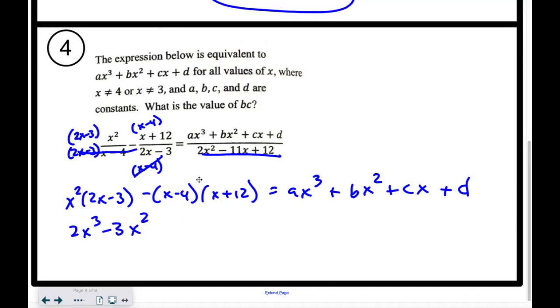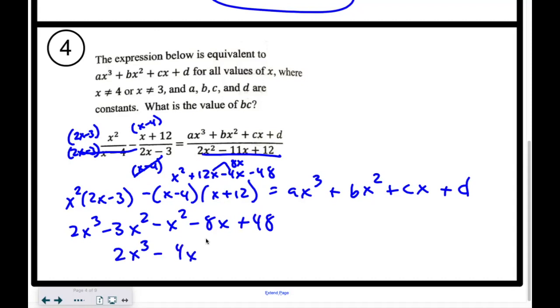And then I'm going to do a quick FOIL up here. So this is x squared plus 12x minus 4x minus 48. And then this is going to become 8x. So then I'm going to distribute the negative. So I get minus x squared minus 8x plus 48. And finally, when I combine like terms, I am going to get 2x cubed minus 4x squared minus 8x plus 48.